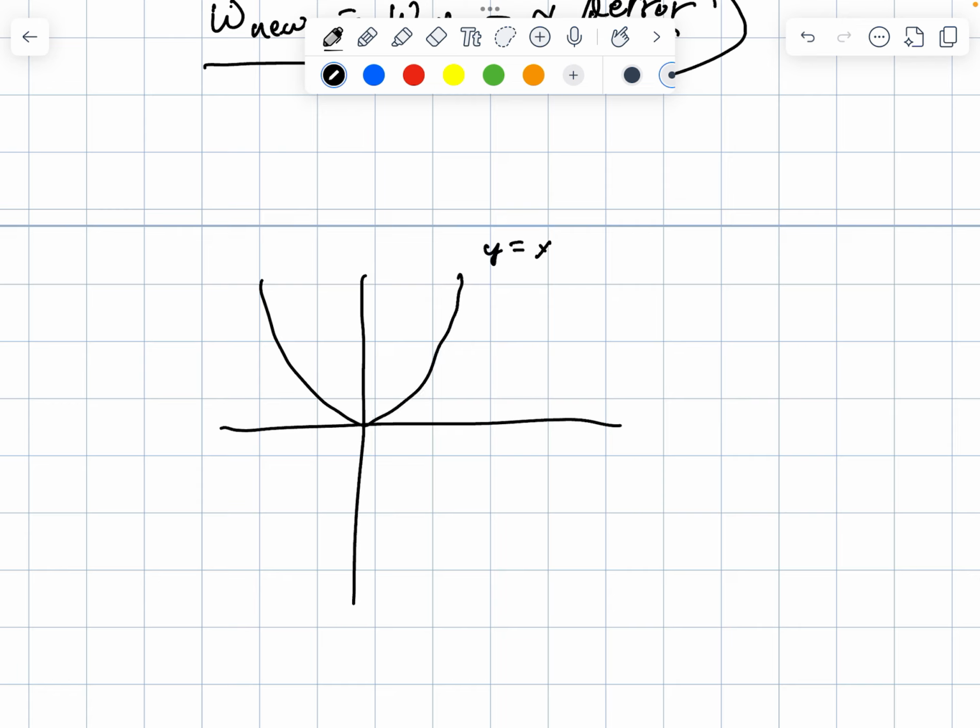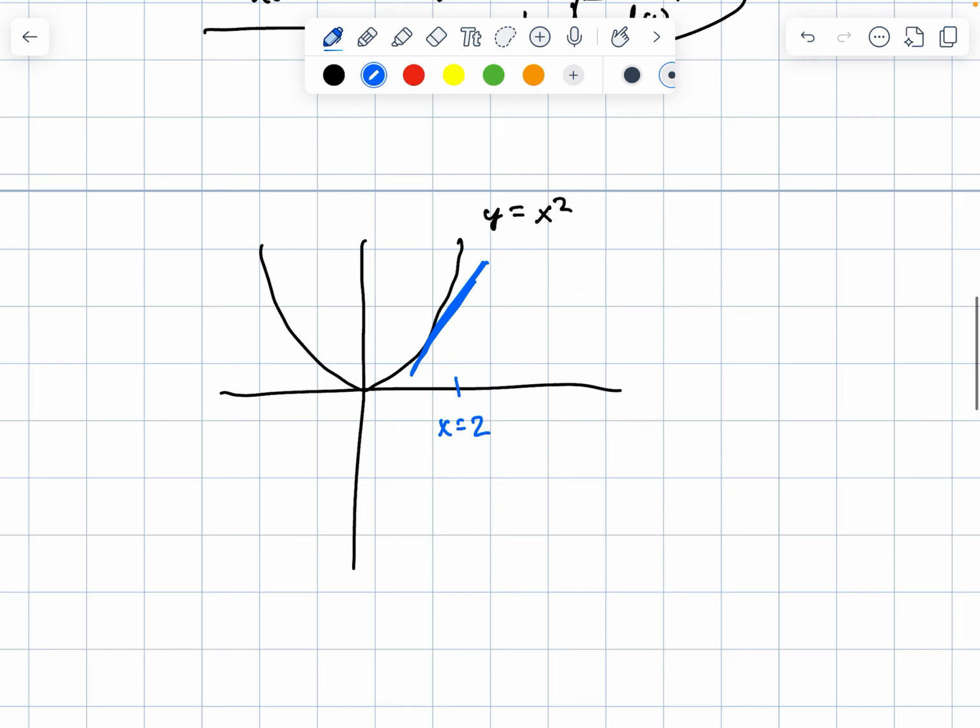We have our parabolic curve, and let's say at this positive value, x equals 2, the derivative at that point, obviously this is a 2D graph, is that it's increasing, right? We know that the minimum is at x equals 0, so the minimum is to the left of it, and since it's increasing, we want to subtract in order to get closer to 0.